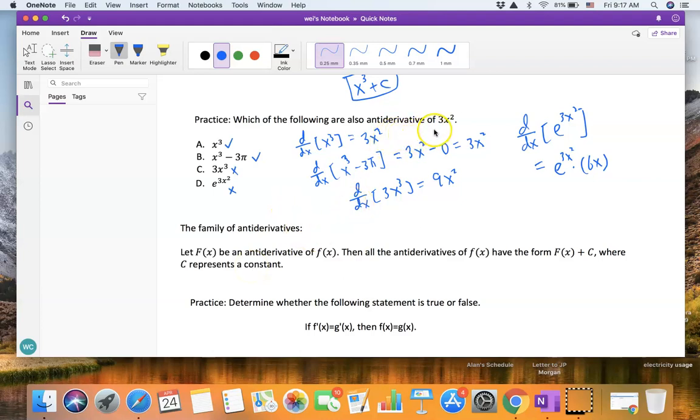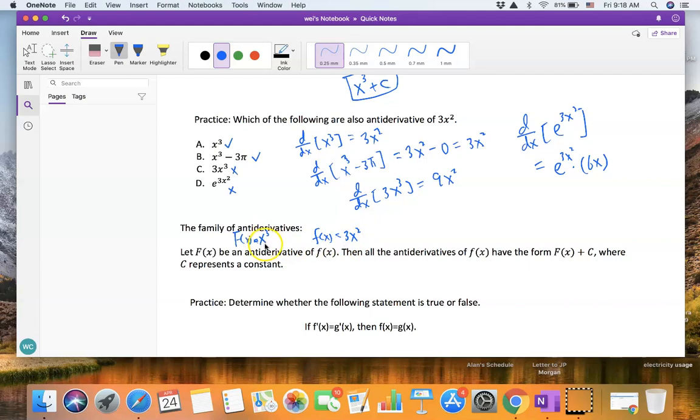Using this example, we have seen that x to the third, this is our capital F(x), is an antiderivative of the function 3x squared, because when we differentiate x to the third, the derivative is 3x squared.